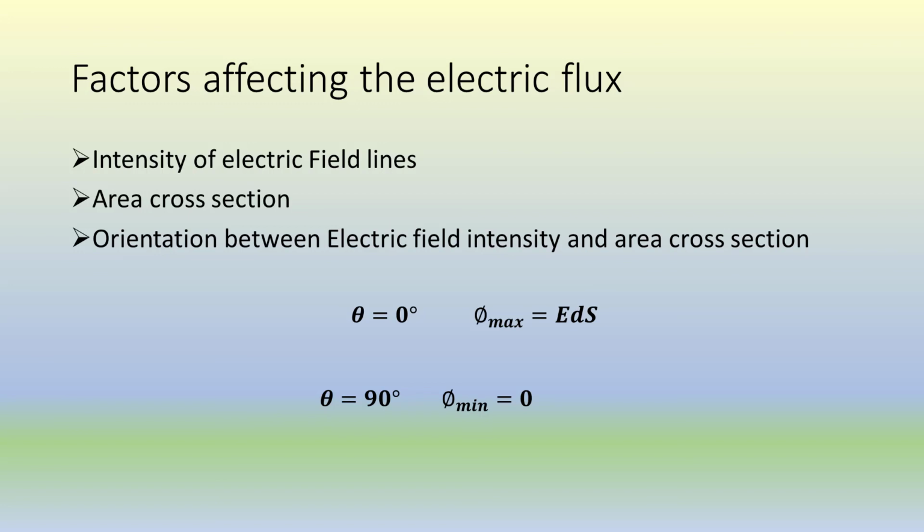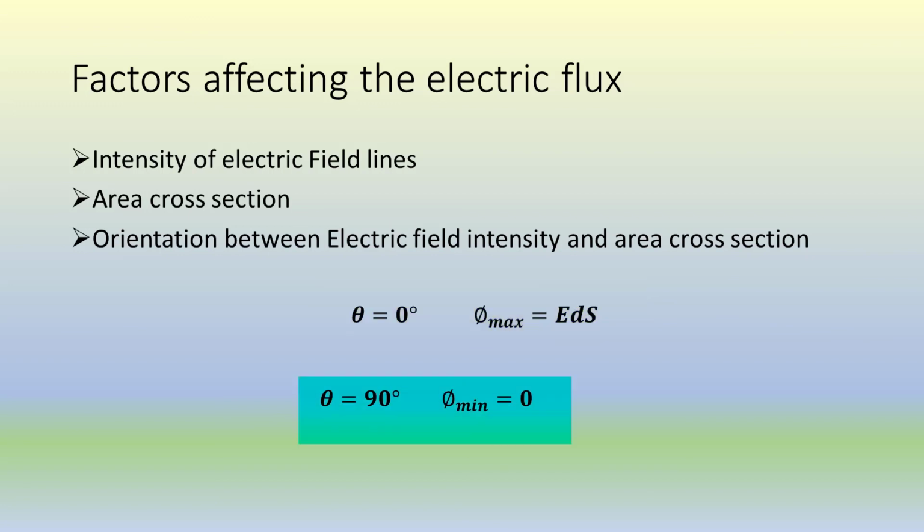Here we can see that if the electric field lines are normal to the area cross section, it means the angle between E and area cross section is 0 degrees, then the maximum flux will pass through the closed surface.